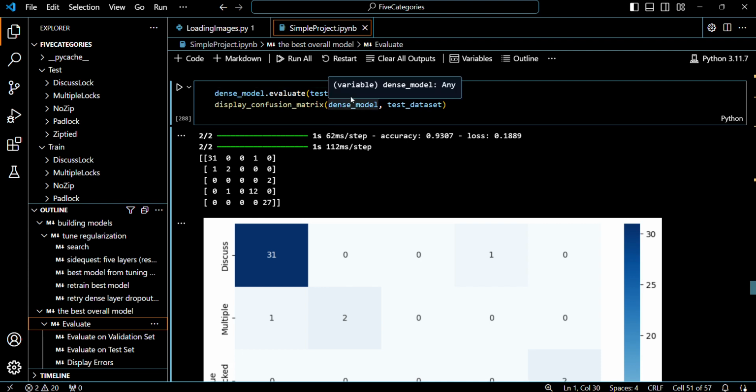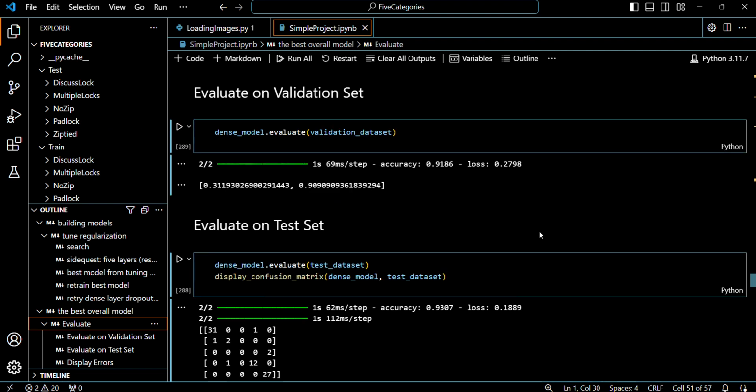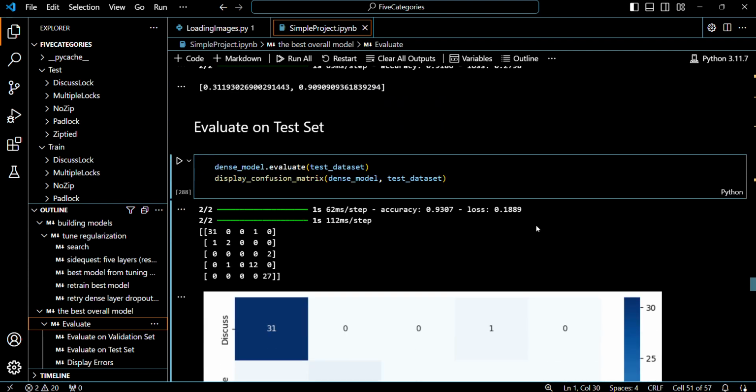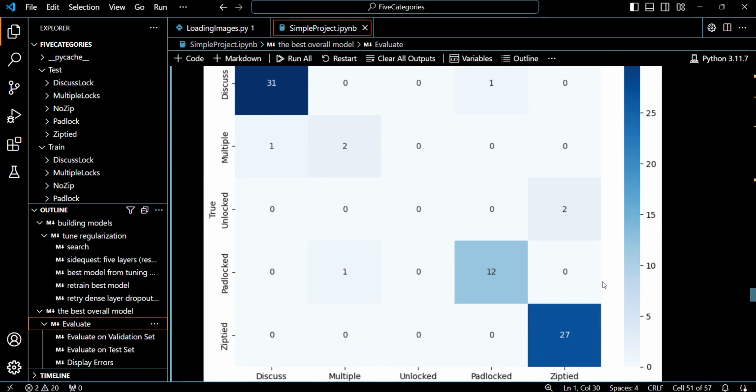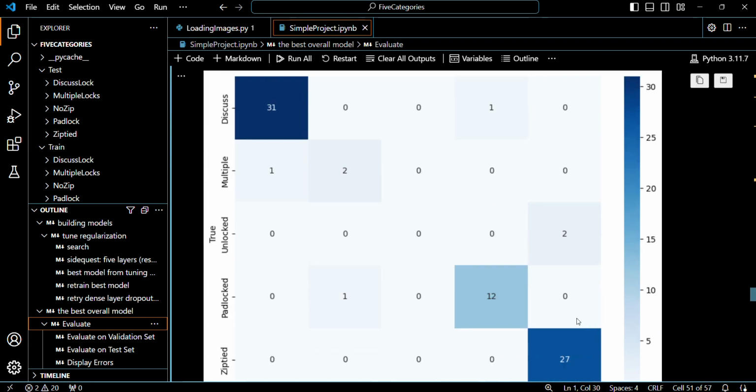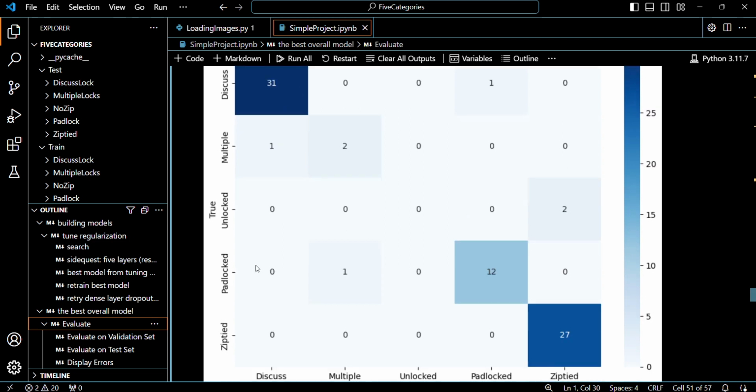So when you evaluate it on the test data set and you build your confusion matrix, like I said, 93% accuracy, and it did well against all of the most important categories. For discus locks, 31 out of 32.